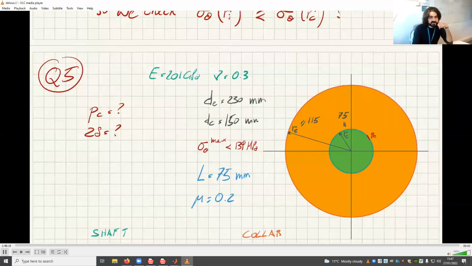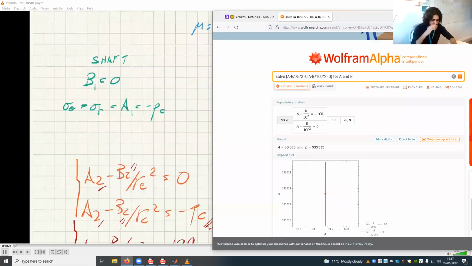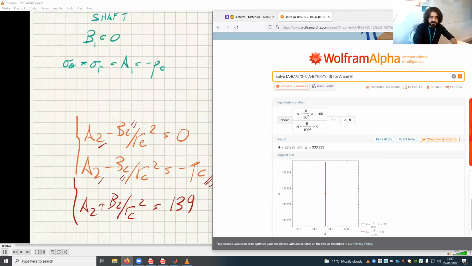So let me use these numbers here in the equations. So this is the external pressure, looking at the external radius, RE, which is 115. And this is the contact one, which is 75, and this is minus PC, which I don't know.